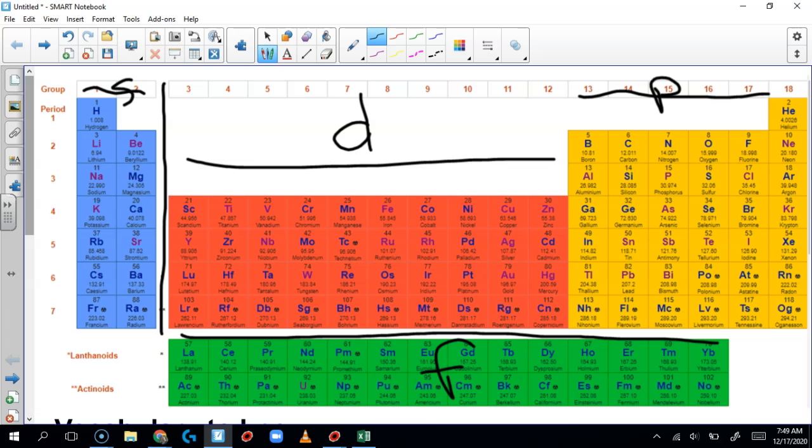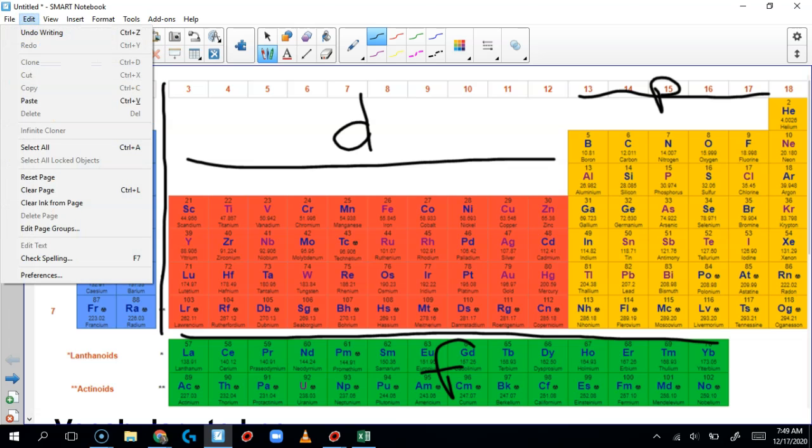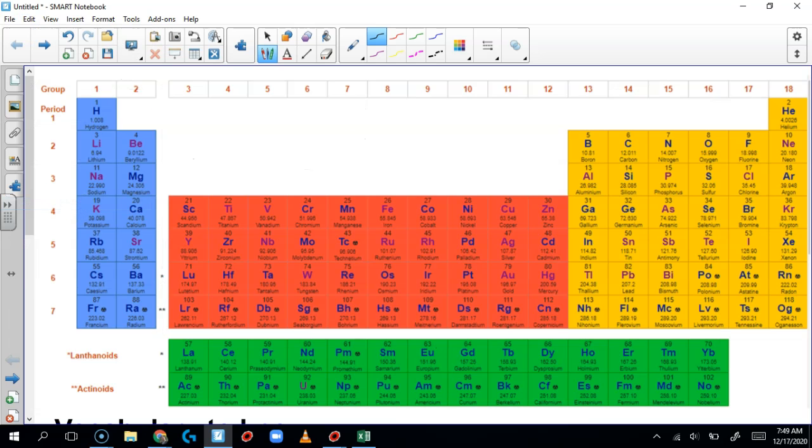Now the periodic table is also divided into metals, nonmetals, and metalloids. The one thing I don't like about this periodic table is that on most periodic tables you'll see what they call a stair step that goes down just like this.